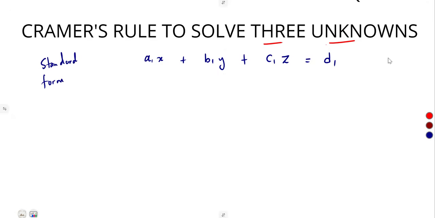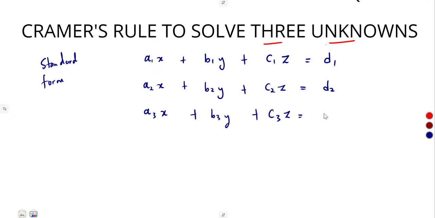Just like two unknowns, two equations; three unknowns, three equations. So the second equation, a2x plus b2y plus c2z is equal to d2. That's our second, and the third equation, a3x plus b3y plus c3z must be equal to d3. So this is the standard form that you must have.